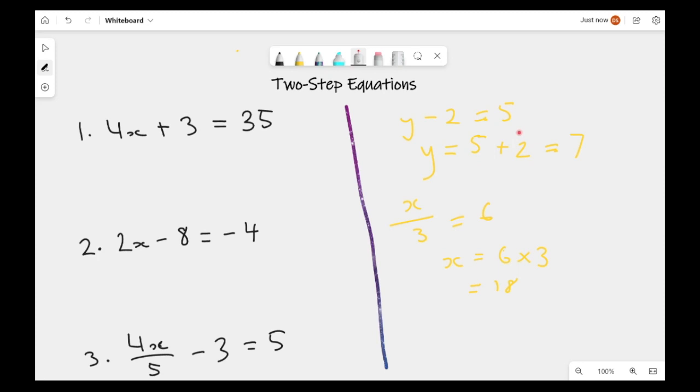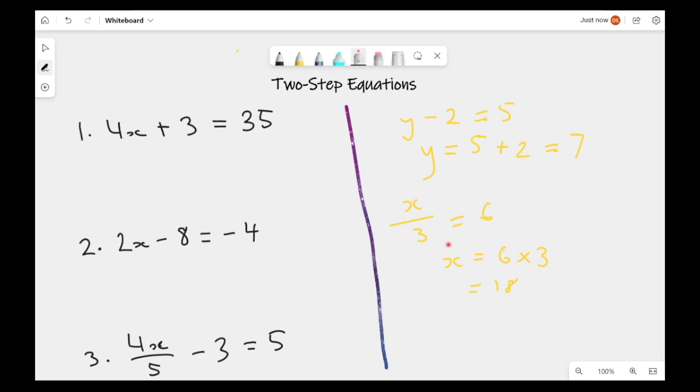We multiplied by 3 here to have the x on its own, and that was enough. But here, we want to solve for x again, and we need 2 steps because x is multiplied by 4, that's one operation, and that whole number is added by 3 to give us 35.